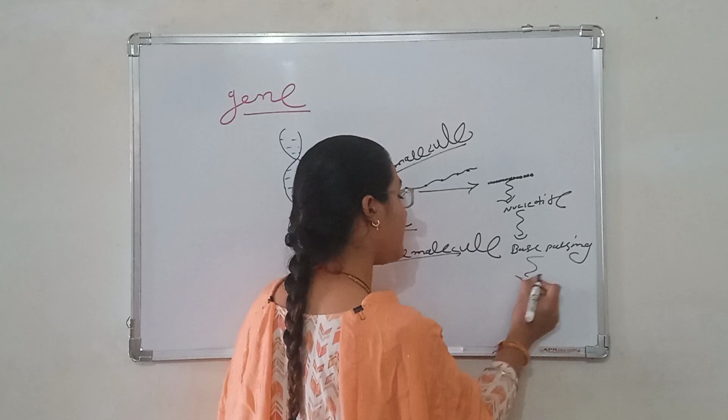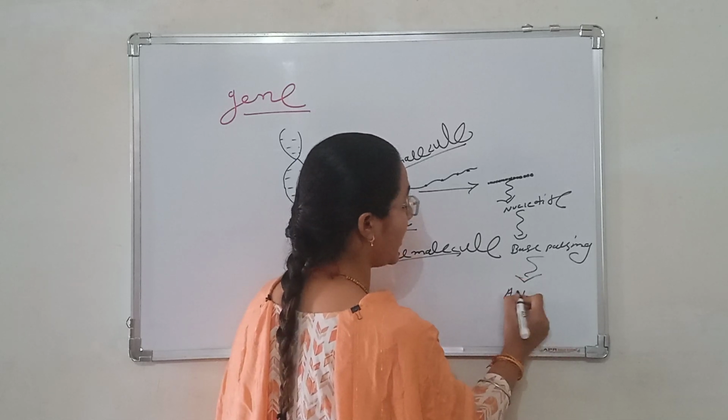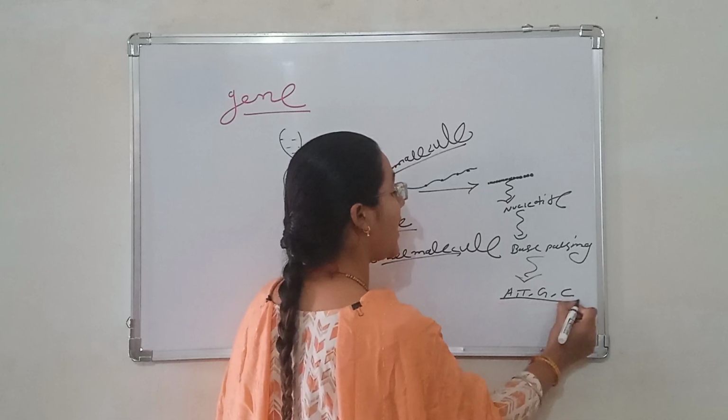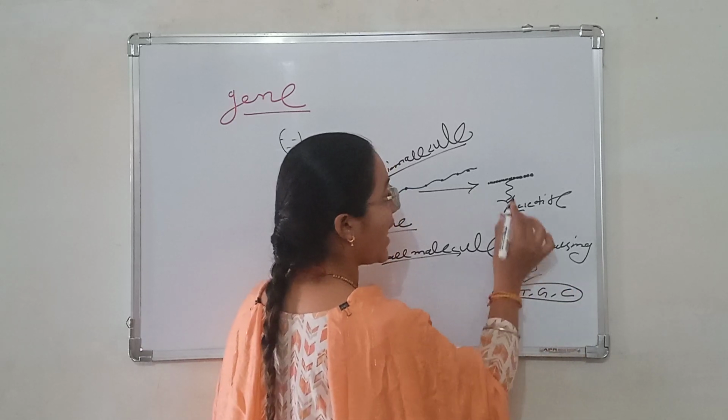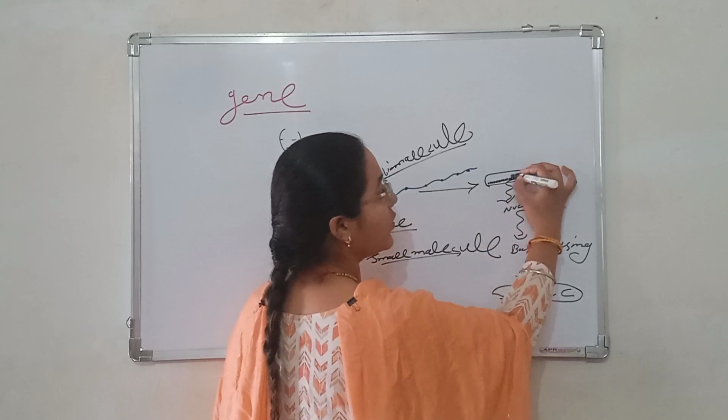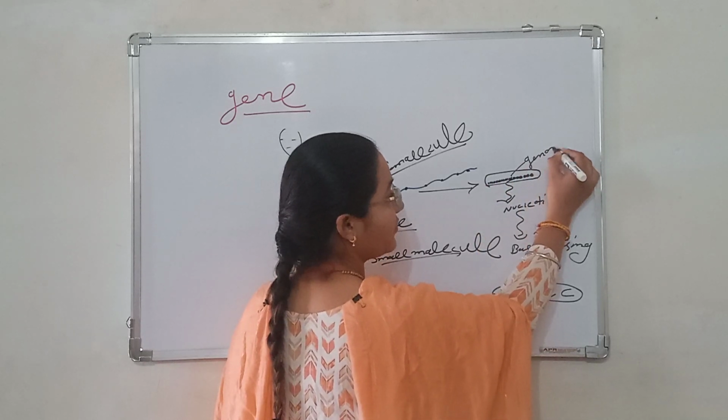The base pairs are adenine, thymine, guanine, and cytosine. These base pairs are connected to each other, and this whole chain is known as a genome.